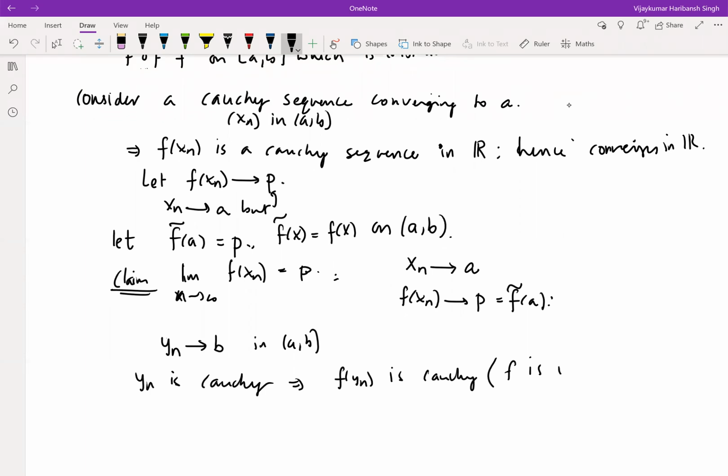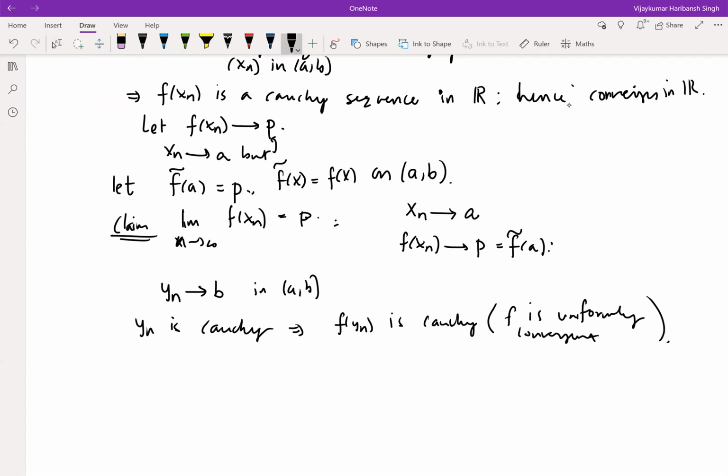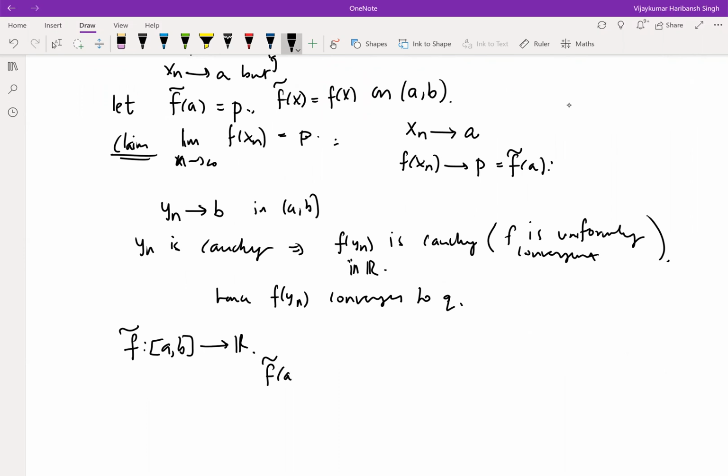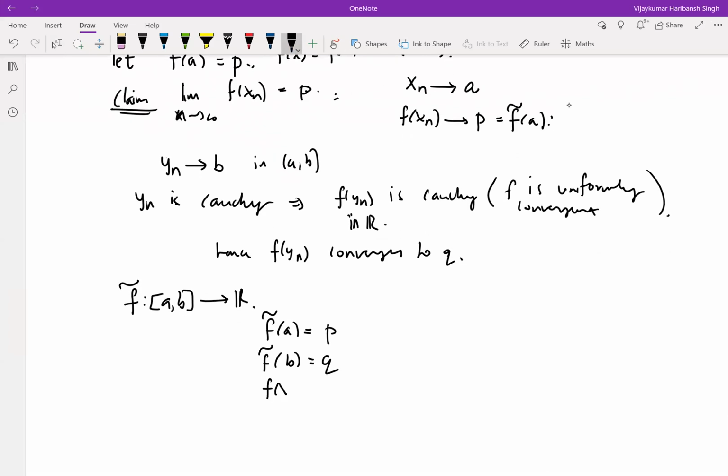Because f is uniformly continuous. So f of yn is Cauchy in R, and hence f of yn converges to Q. Then you define this new function f tilde on the closed interval [A, B] to R, with f tilde of A equal to P, f tilde of B equal to Q, and f tilde of x equal to f of x. And then you can show that this f tilde from [A, B] to R is continuous.